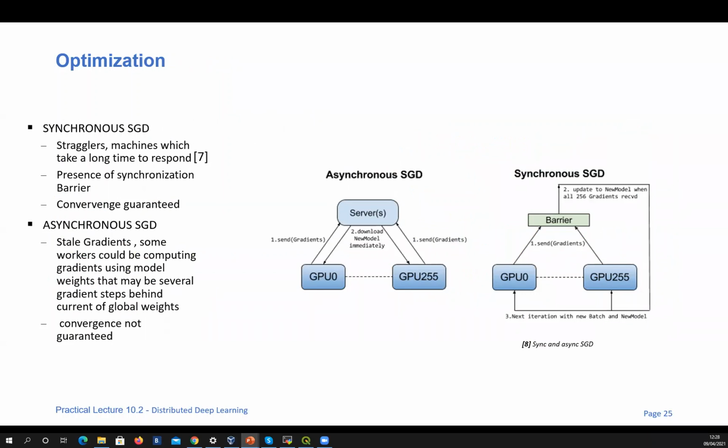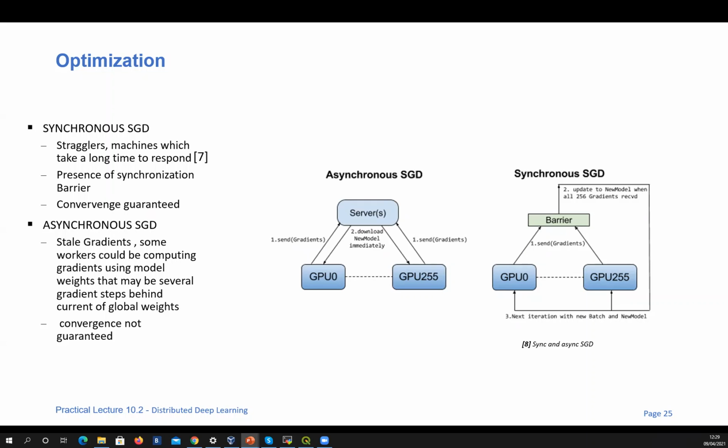Here in this slide, I want, on the other hand, to tell you that there are many ways of performing this update during data distributed training. There are mostly two families of approaches: the synchronous and asynchronous approaches.